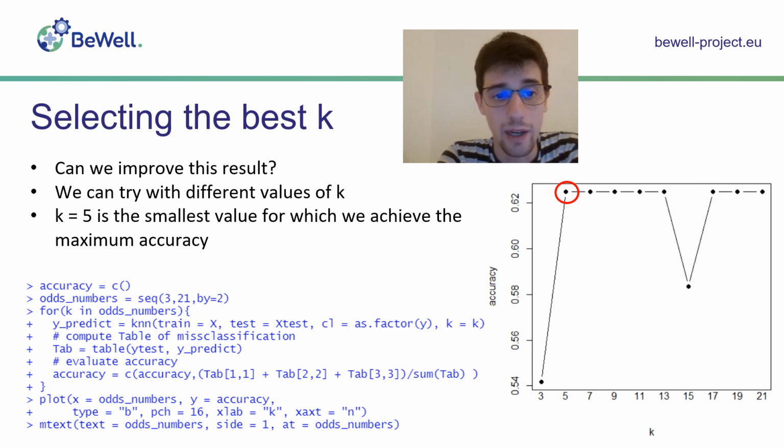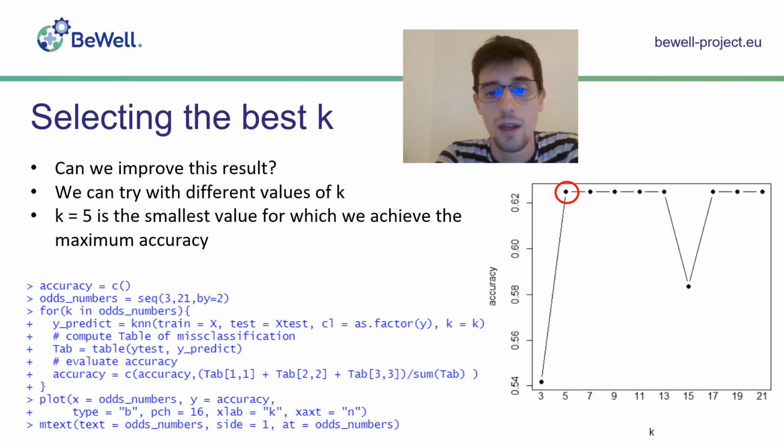One simple way to try improving our predictions is to try to refit the model using different values of k. In particular, in the picture, we show the value of the accuracy for a grid of values of k that range from 3 to 21. As you can see, there is a huge improvement when increasing k from 3 to 5.